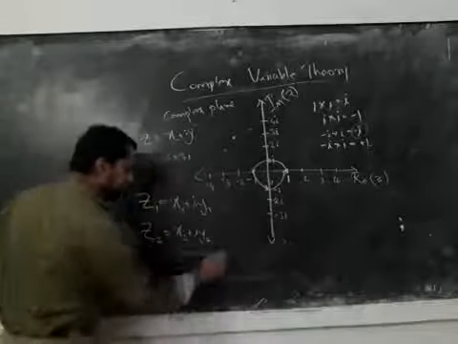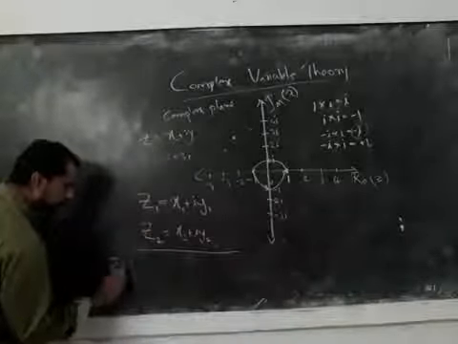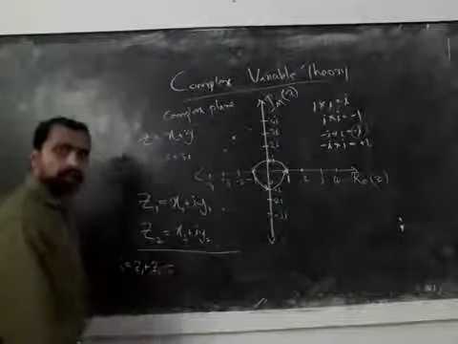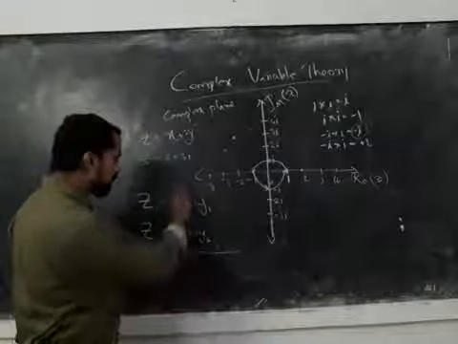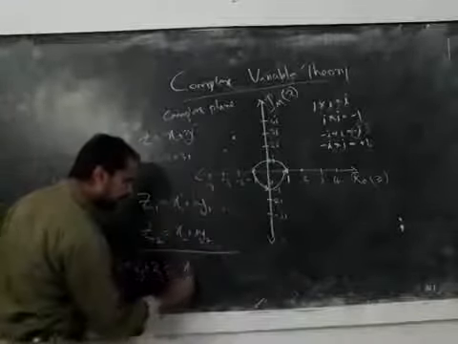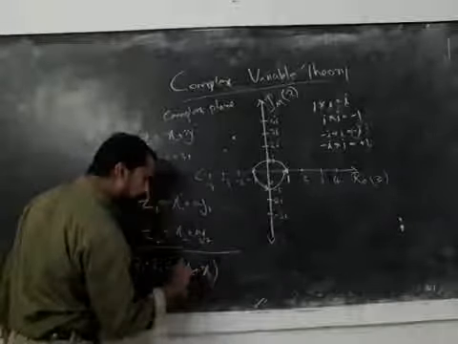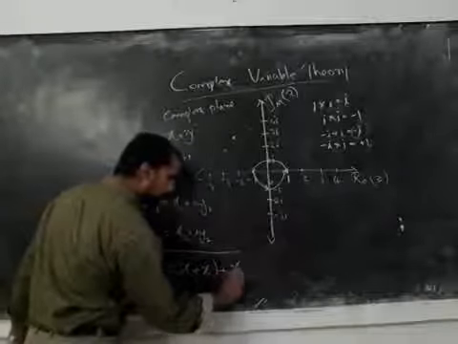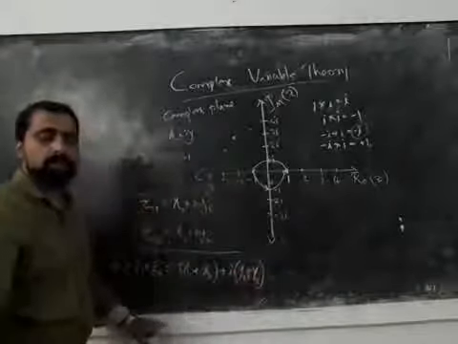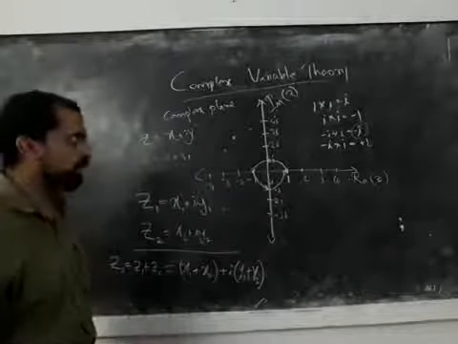If you add together, that means z3 is equal to z1 plus z2. Then what you have to do is add the real part separately and the imaginary part separately. That is x1 plus x2, plus i into y1 plus y2. Whatever the complex numbers may be, you can do it like that.